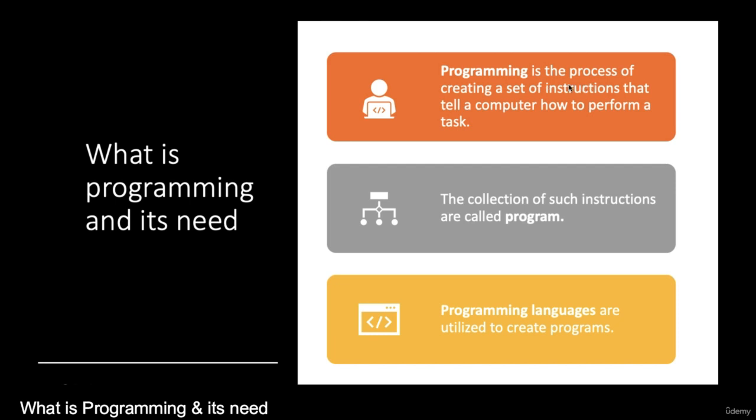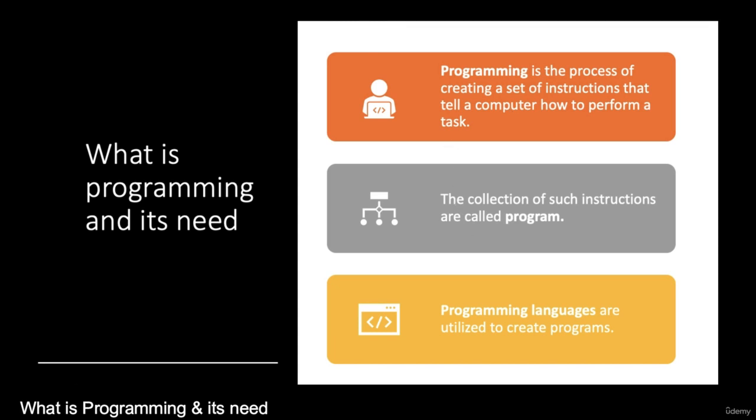Programming is the process of creating a set of instructions that tell a computer how to perform a task. Now, what about program? These terms are very essential while you start the basic understanding of programming. The collection of instructions which we create to make a computer perform a task is called a program.